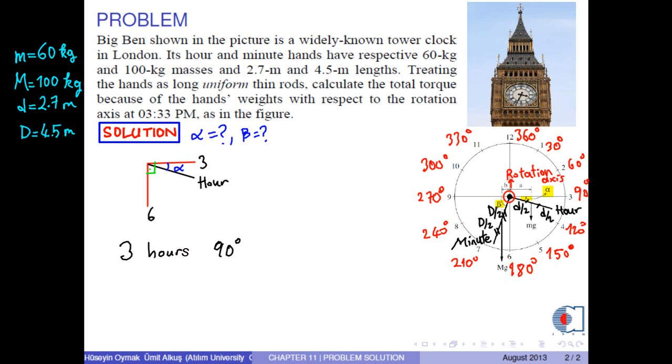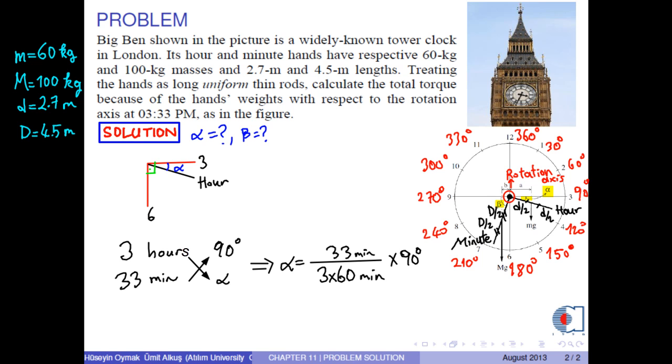According to this figure, 3 hours corresponding to 90 degrees and 33 minutes corresponding to alpha degrees, from which we obtain alpha as 33 minutes over 3 times 60 minutes times 90 degrees. Therefore, alpha is found to be 16.5 degrees.